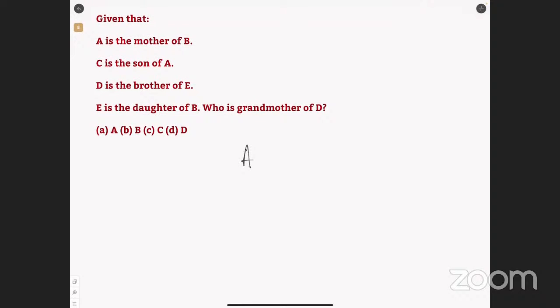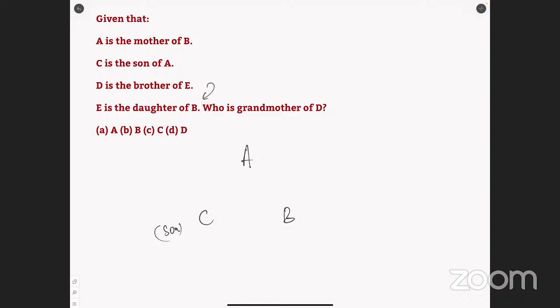A is the mother of B. C is the son of A, so A is the mother of C as well. So C is a son. That makes our job easier to identify the gender. Then what else is given? D is the brother of E. So where is E coming into the picture now?